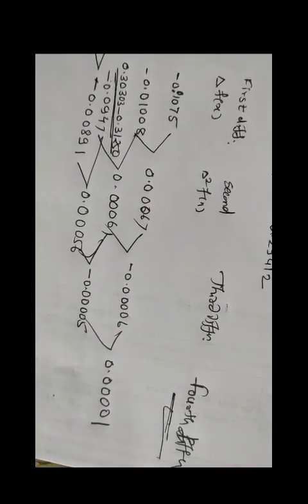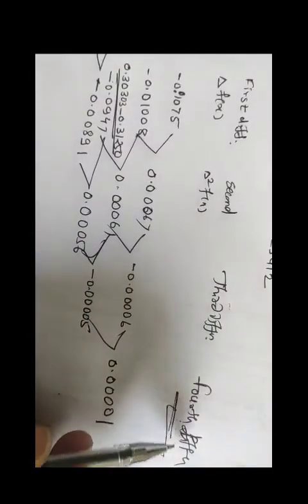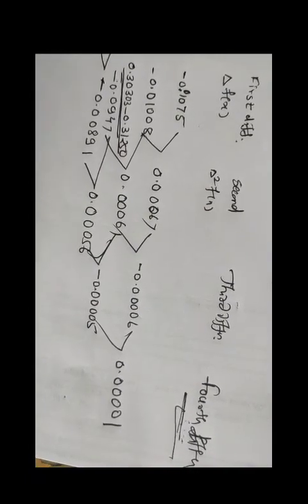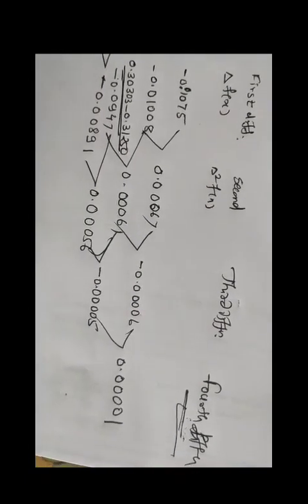If 7 values are given, then the sixth difference will be constant, and so on. If we take the fifth difference again, it must be 0, because a term subtracted from itself gives 0.